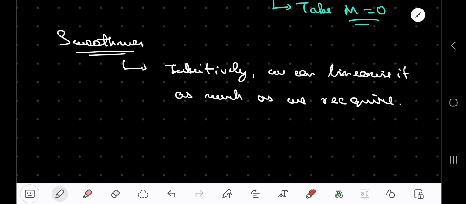You can think of it in this way: smoothness means that a function is said to be smooth in some sense if the linearization of that function can be done as much as we require and can be done in all possible ways. That's why we call it smooth. One more thought, you can think of smoothness in this way.